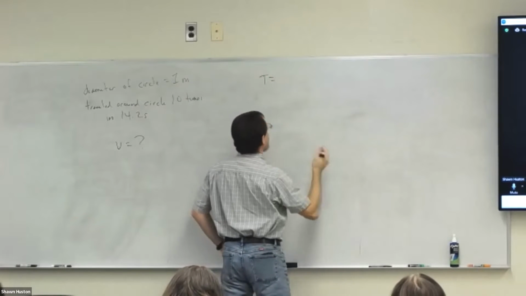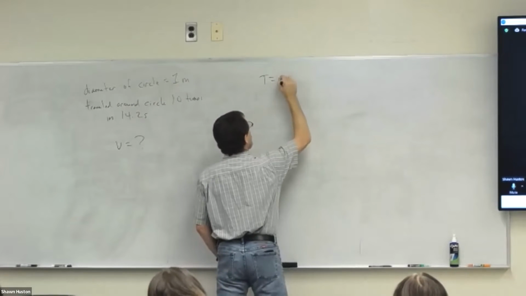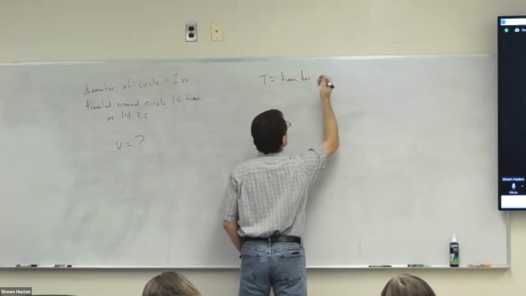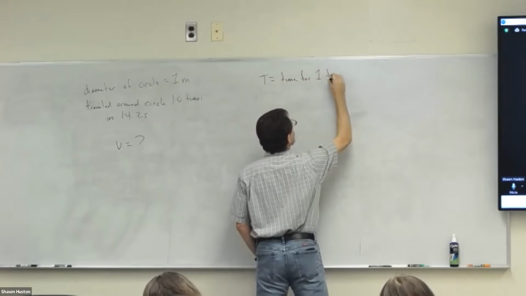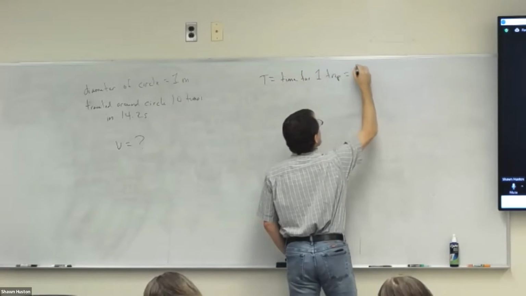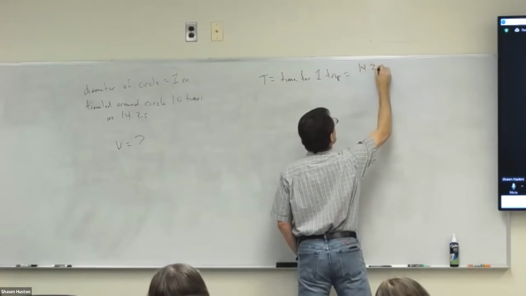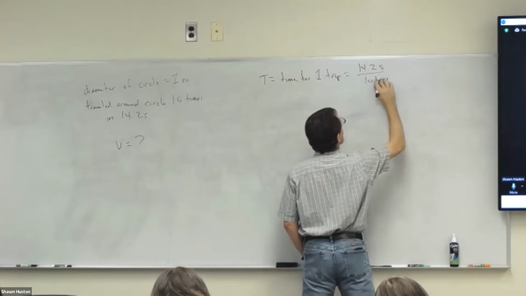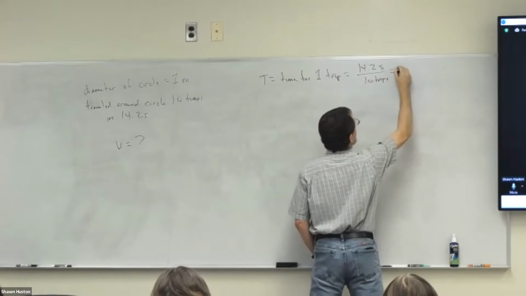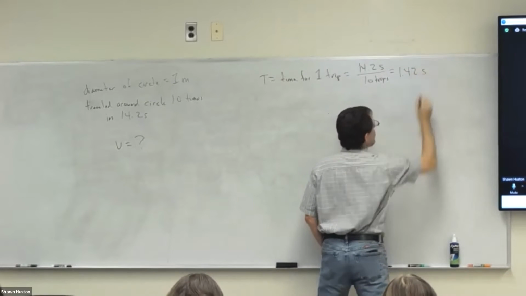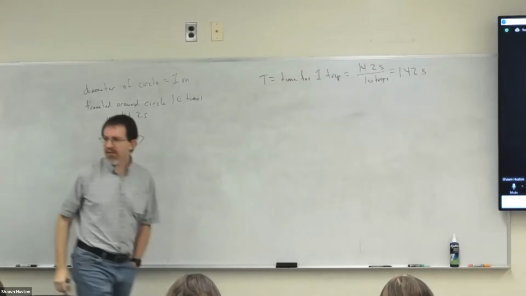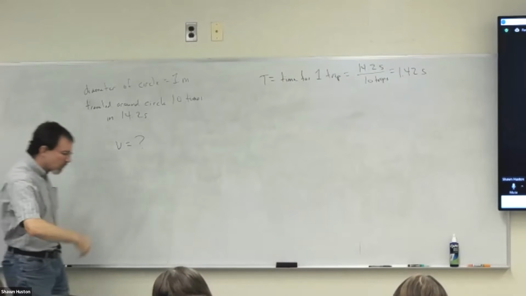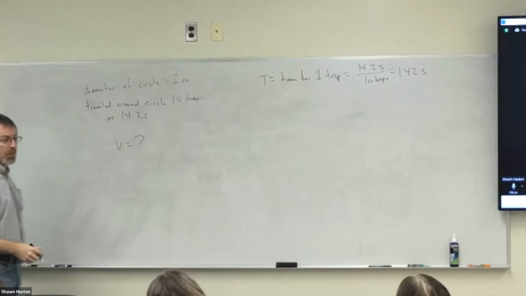I think about that equation we had up, the period T is the time for one trip, time for one circle. 14.2 seconds for 10 trips would give me 1.42 seconds in each cycle. So it took about a second and a half to complete the circle.